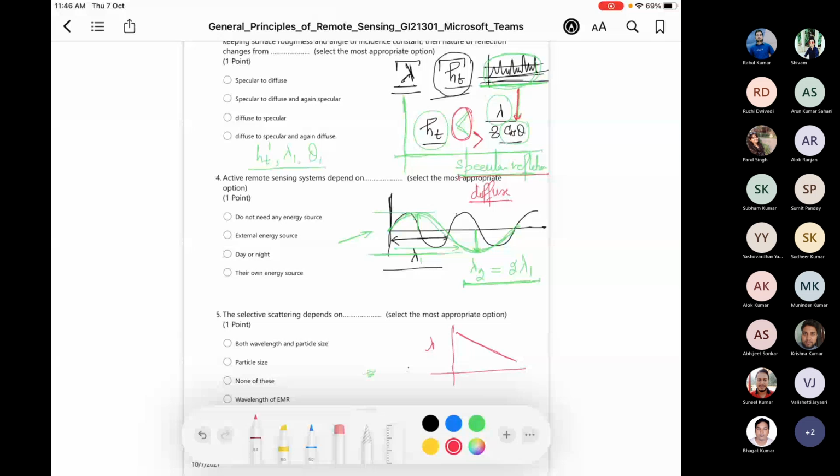It means what is happening over here, if you see this variation of energy signal with respect to time, the rate of change is increasing even further.